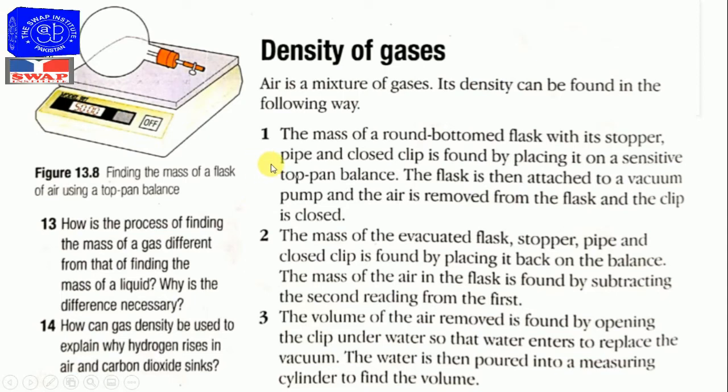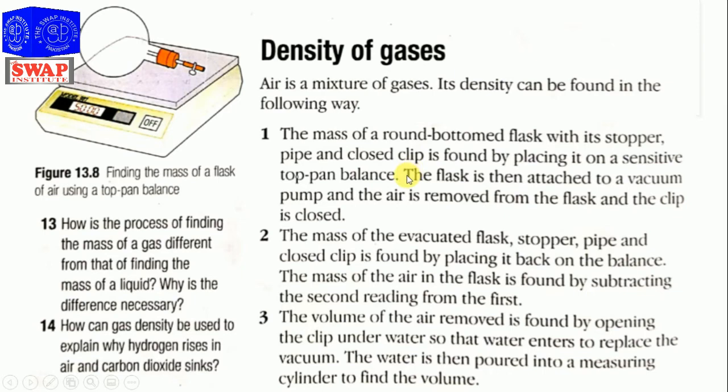The mass of a round bottomed flask with its stopper, pipe and closed clip is found by placing it on a sensitive top pan balance. This is a very sensitive top pan balance or digital balance.